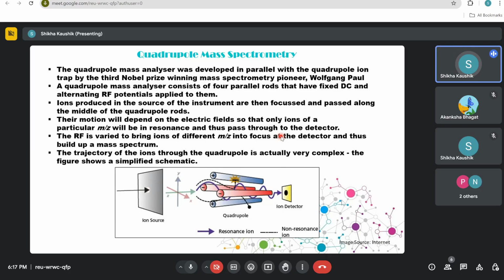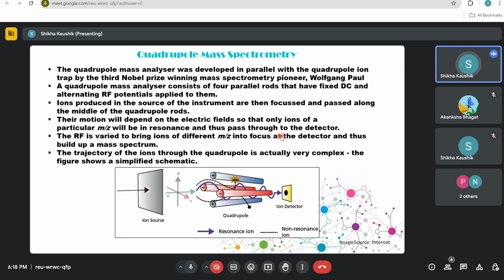We have talked about the quadrupole ion trap, where I told you that we use four rods, or you can say poles, which are parallel rods. Two of them are negatively charged and two of them are positively charged, and depending upon your ion mass to charge ratio, these ions pass through these four rods. They actually make their own path, right?